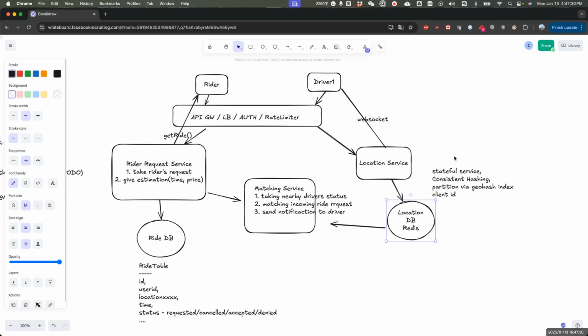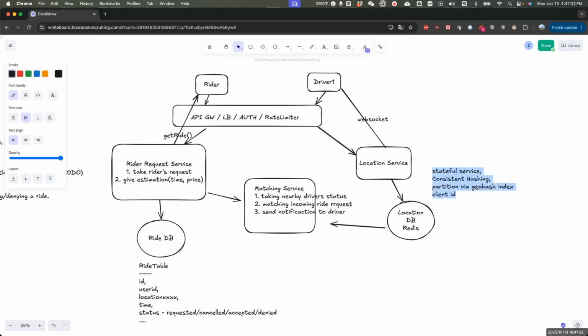And also for geohash, the reason we're gonna use a geohash index is because we want to partition our entire ecosystem via geohash.